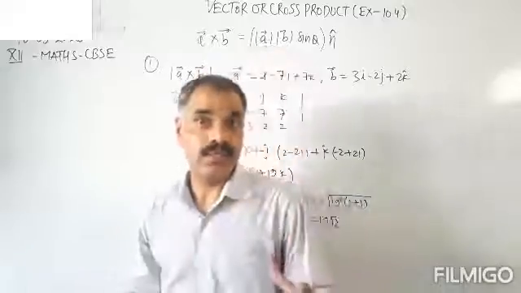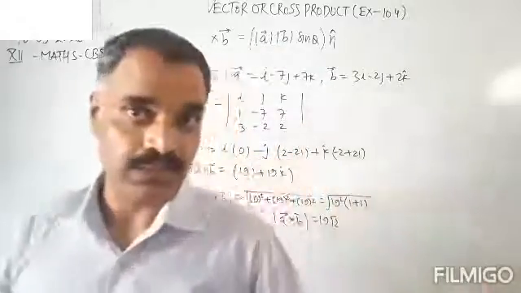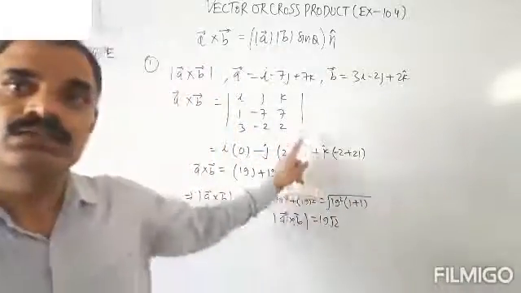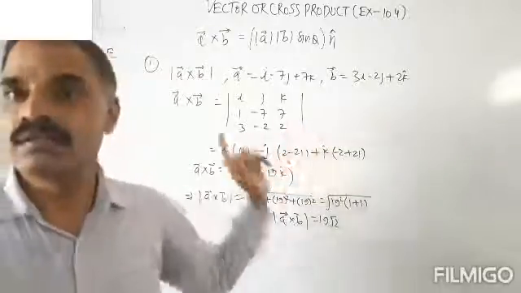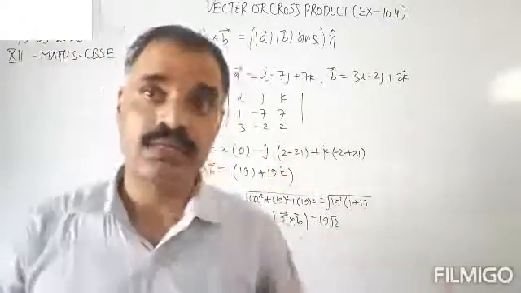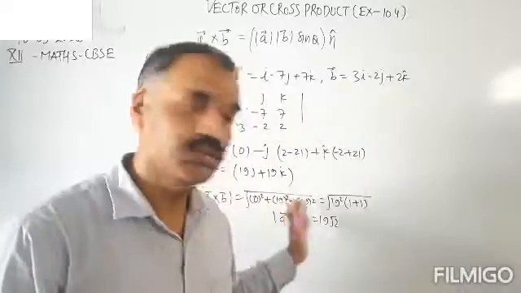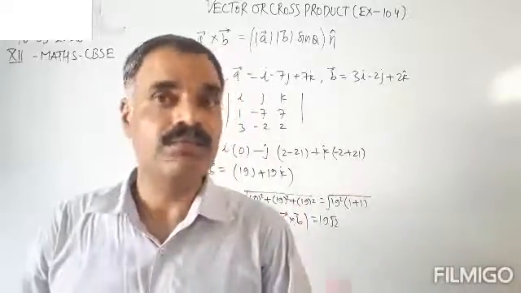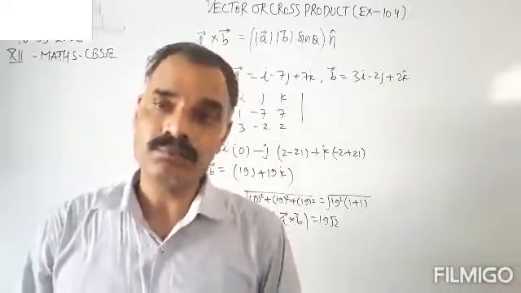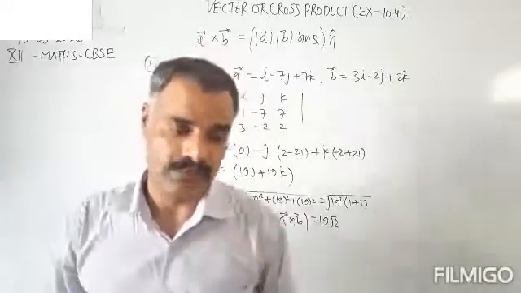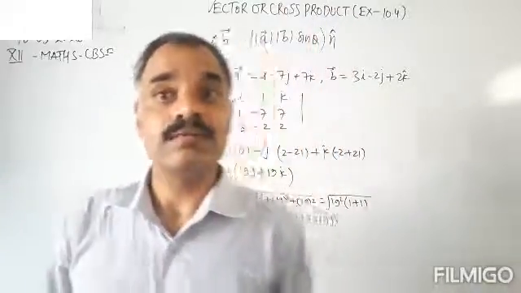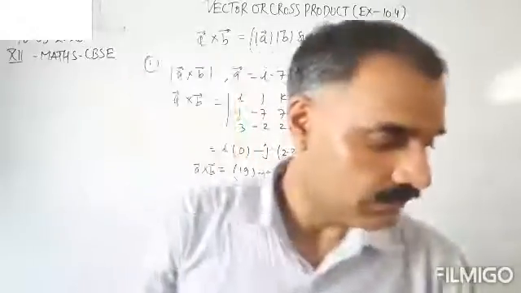In this way we can find the cross product a vector cross b vector using this determinant, and can also find the magnitude using the same formula as the magnitude of a vector.